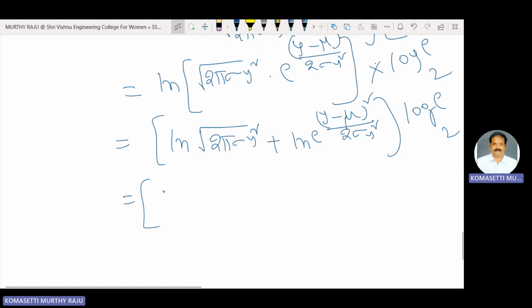That is equal to 1 by 2 ln of 2 pi sigma y square, where the square root is represented by 1 by 2.